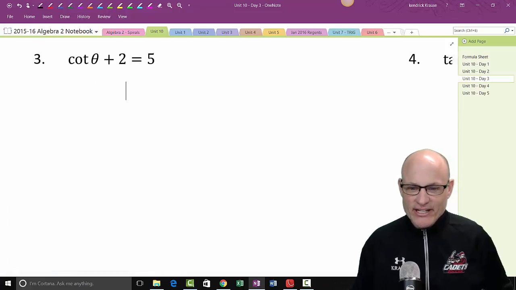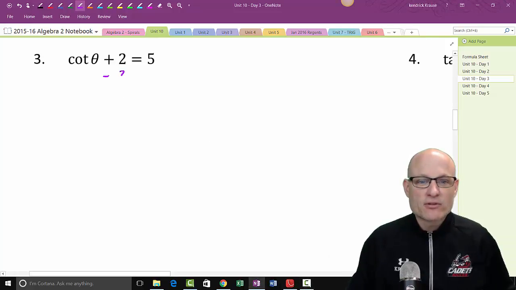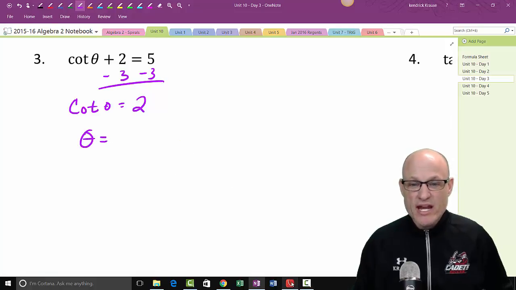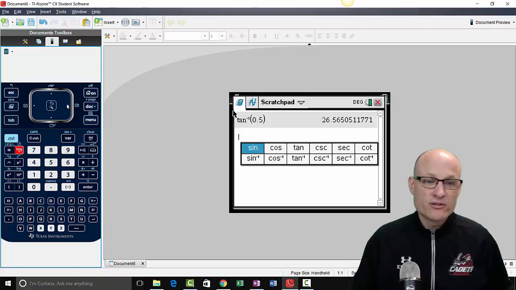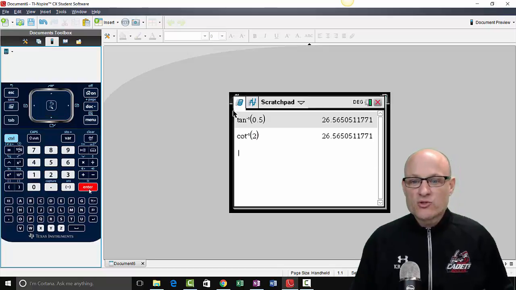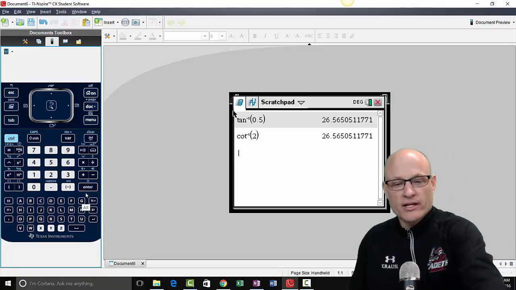Cotangent scary. How long have I gone for? Cotangent scary. We're going to subtract 3. I get cotangent theta equals 2. So theta is equal to the inverse cotangent of 2. Oh, it's 3, not 2.